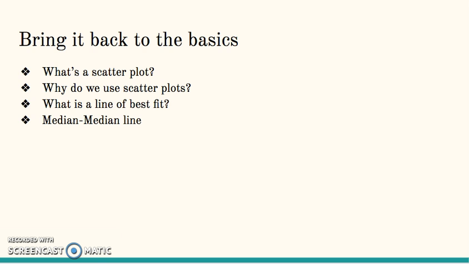Ooh, that's a mouthful. The first one is to take the data and separate it into 3 equal groups based on the x values. We're only going to deal with the x values right now because each x value is paired with a y value, but it just gets too messy if you do it all, so we're just going to start with the x values.